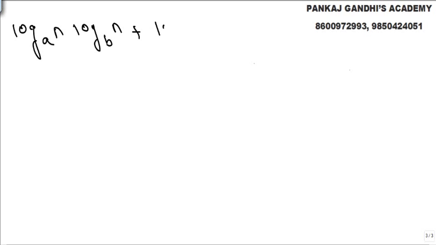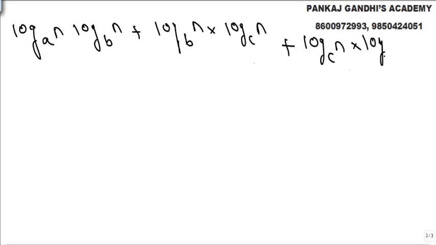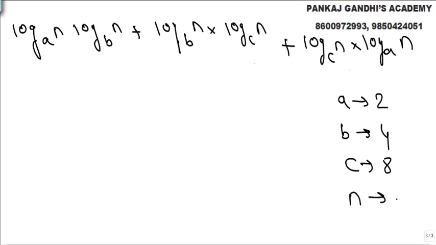Next part we know log to the base b n into log to the base c n, and thirdly log to the base c n into log to the base a n. So let's say I take a as 2, b as 4, c as 8 and the multiple n I take as 64, the power of everything.